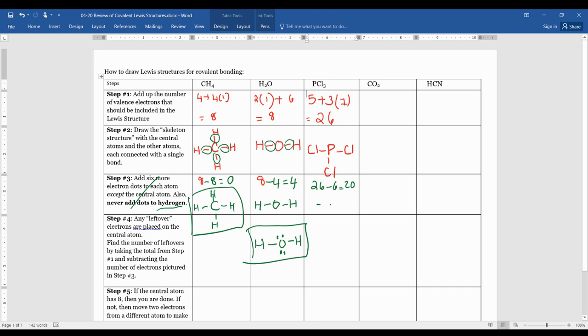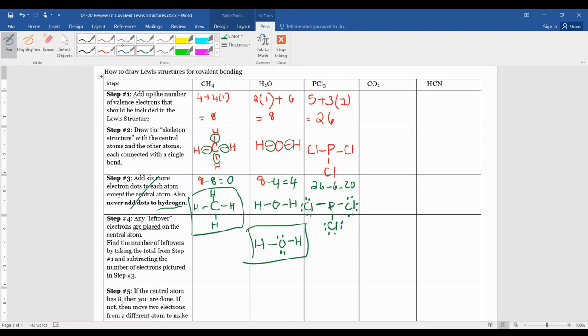Now I draw the structure again. I have P, Cl, Cl, Cl. So it says any leftover electrons are placed on the central atom. That's in step 4. In step 3, it says add 6 more electrons to each of the atoms except the central atom. So since I have 20 electrons, I add 6, and then another 6, another 6. I'm going to take another color so it doesn't confuse you.